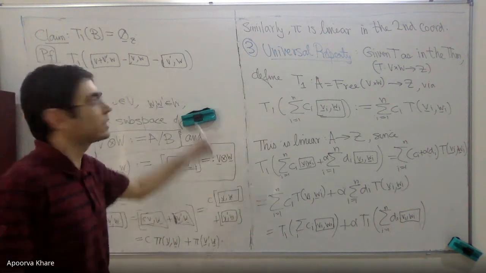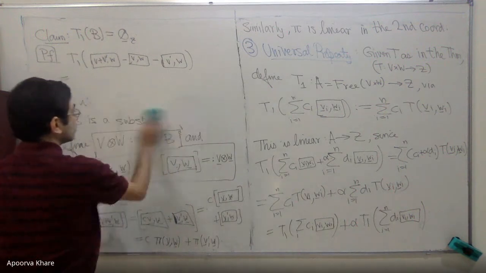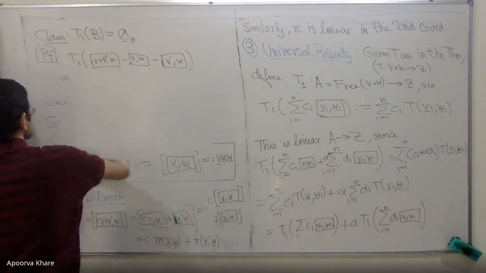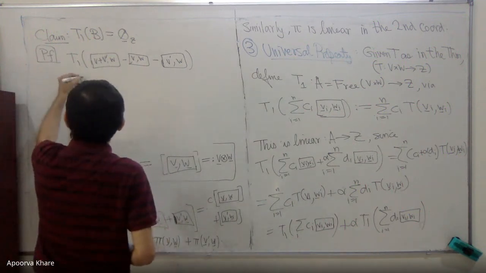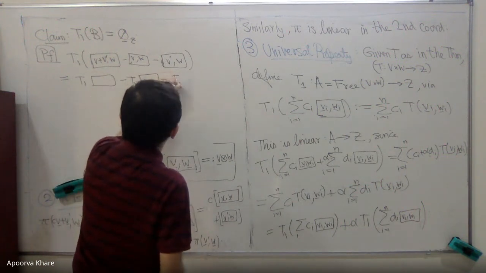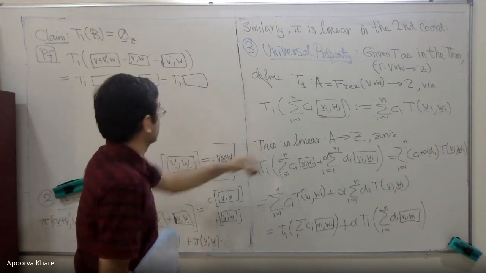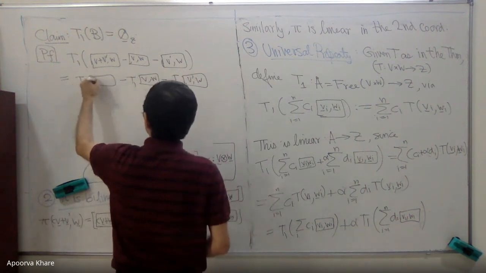Because we verified it's linear, I can just take everything linearly. So I get that this is equal to T1 of, maybe I'll write that step down and not jump steps. But basically, T1 of this term minus T1 of this term minus T1 of this term, because of linearity. And you know what to put in here.